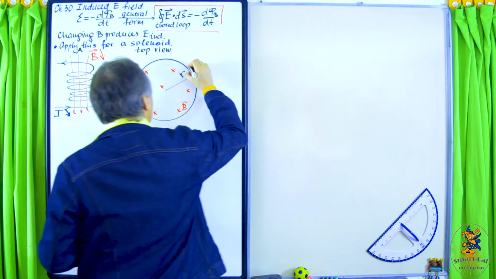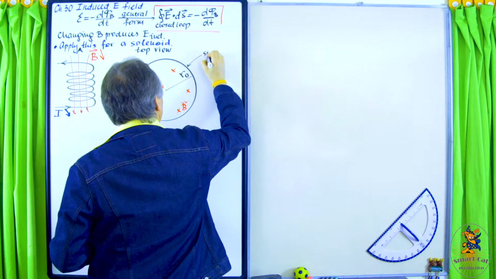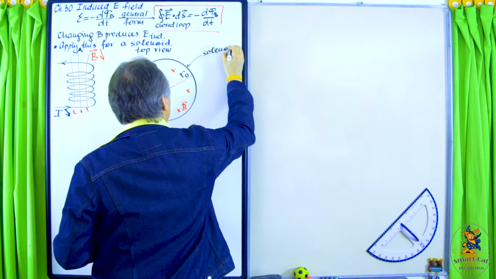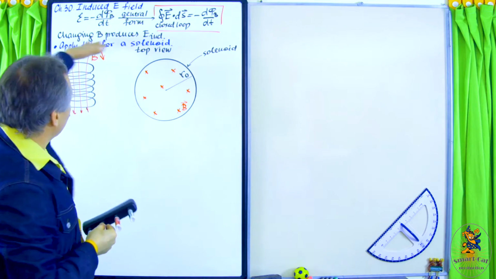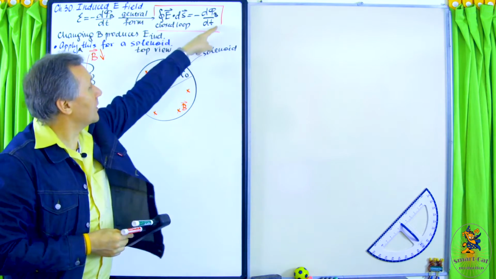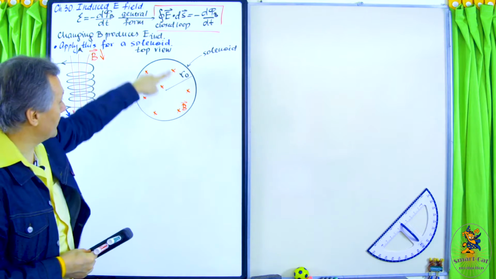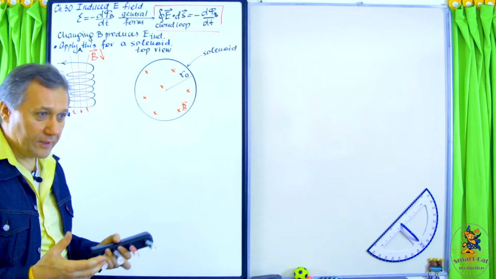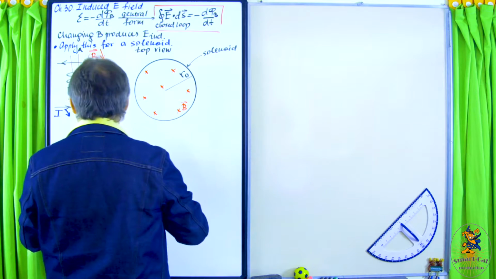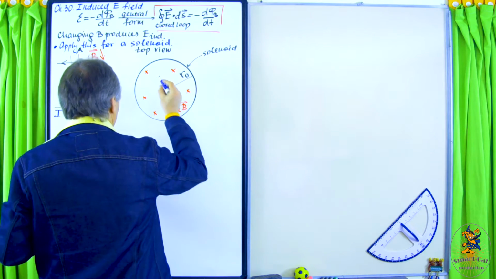So it's a solenoid. And as I said, a changing in time magnetic field produces an induced electric field inside. They form circles. Electric field lines are circles. So let me use blue.